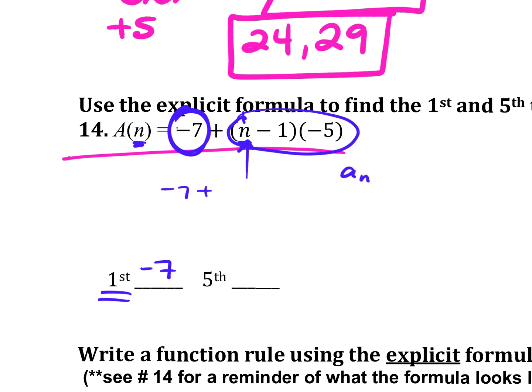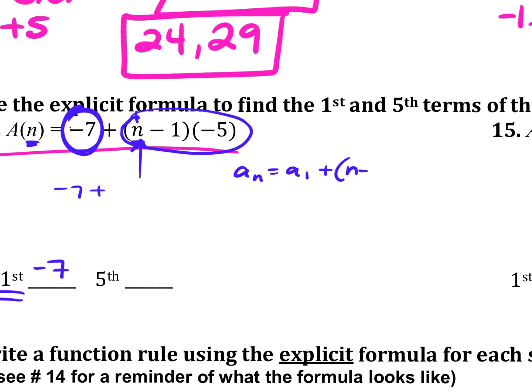The formula is a sub n equals a sub 1 plus n minus 1 times d, right? So a sub 1 is our first term. Well, that's this number in the formula. So you don't have to plug anything in. You just take that negative 7, because 1 minus 1 is 0. When you multiply 0 by the negative 5, it just turns into 0.